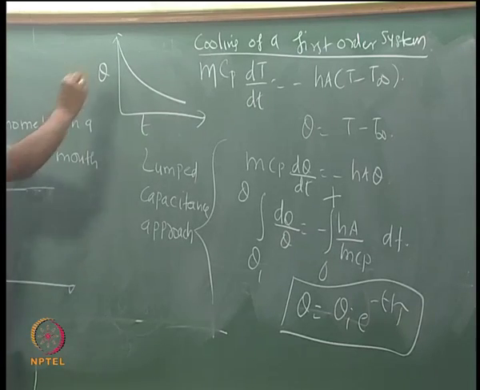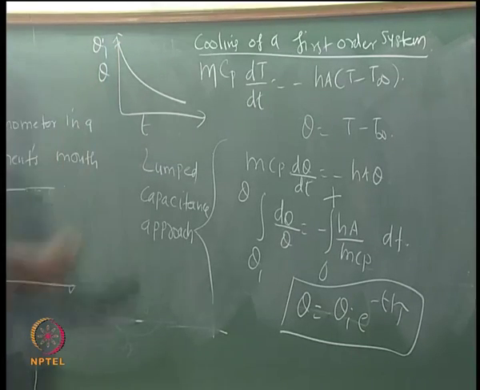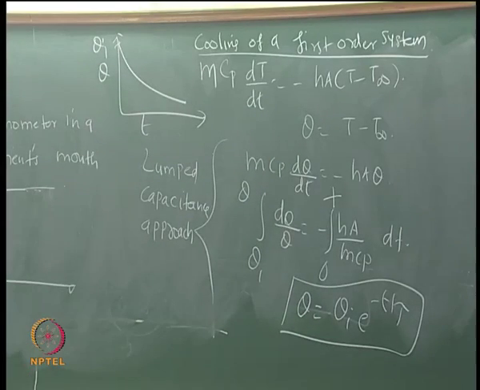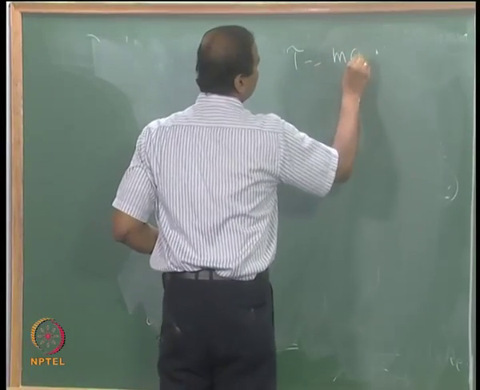So at time t equal to 0 this will be theta I, okay. So this tau equal to MCP by HA.